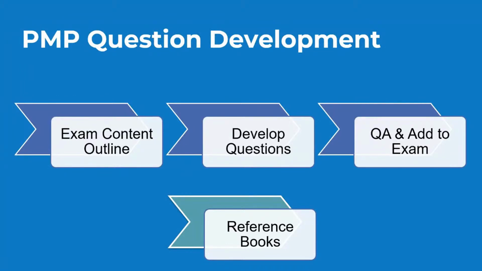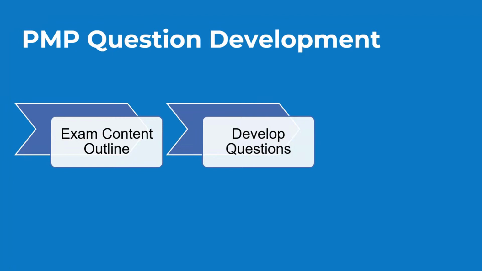Let me show this to you in a little bit of a flow. At the top, we have the exam content outline. Based on the exam content outline, the questions are then developed, followed by quality assurance of the exam and of the question that was developed and added to the exam. Then we have reference books at the bottom. I'm just now realizing that this was actually animated.